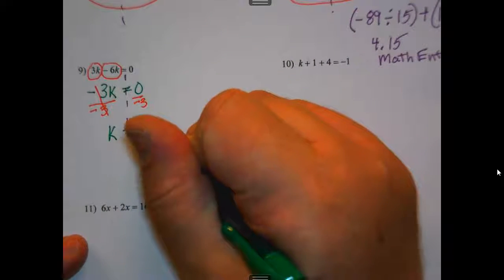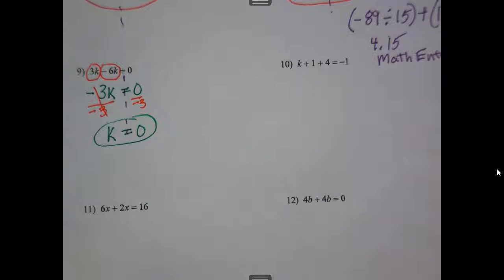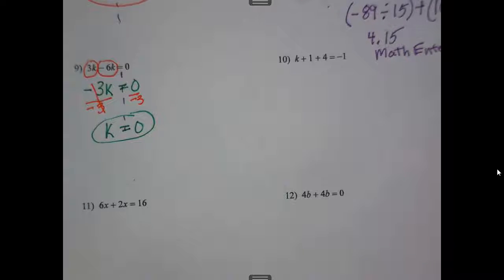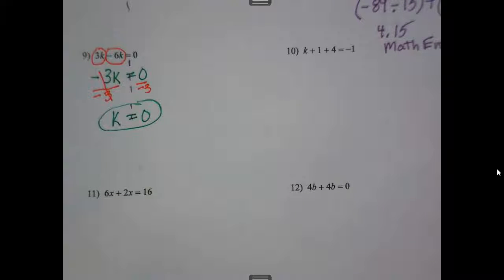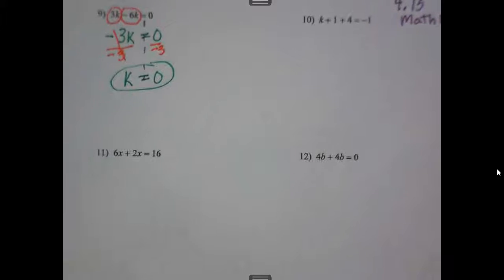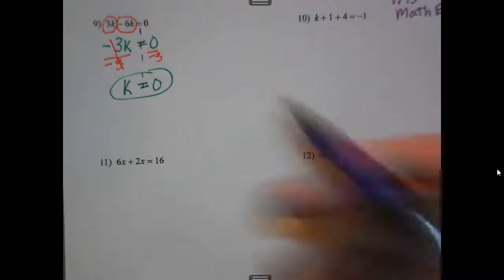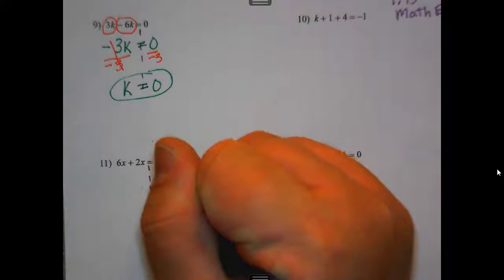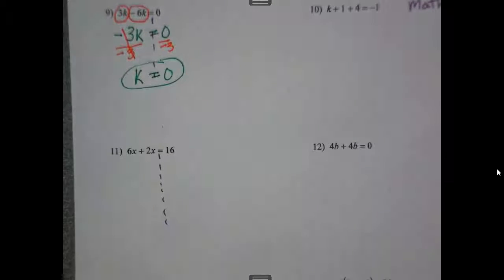So I get k equals 0. Number 11. I'm doing the odds. You guys are doing the evens, because I needed to show you guys how to do a little more.